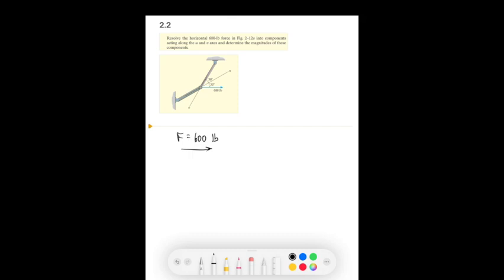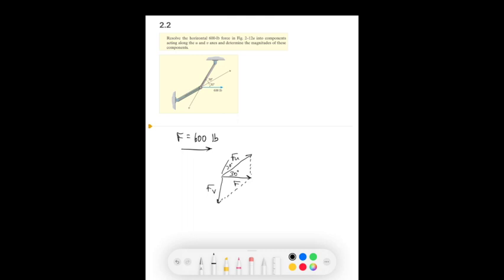So the first thing we want to do is start by drawing a diagram. So we have our force F, and we're going to have some force, we'll call it FV and FU, along these two axes. And we're going to set up a parallelogram. Okay. So we know that FU is along this axis, and this is 30 degrees here. And we're told that this over here is 30 degrees as well.